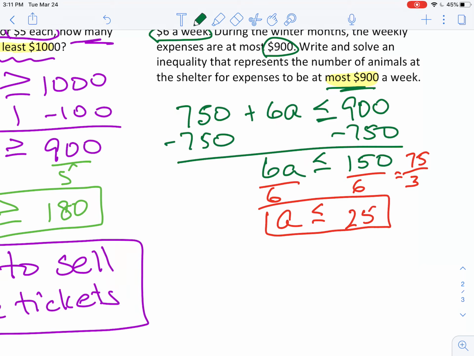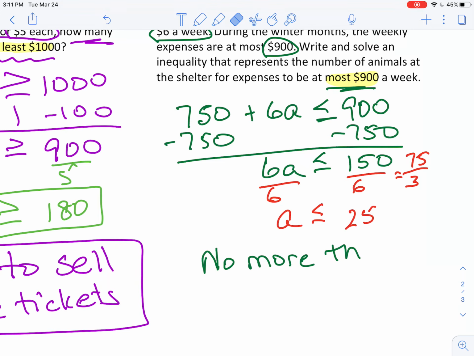And then we answer the question. The number of animals that would be there, I'm going to write, it would be 25 animals or less. I'm going to write that there's no more than 25 animals.